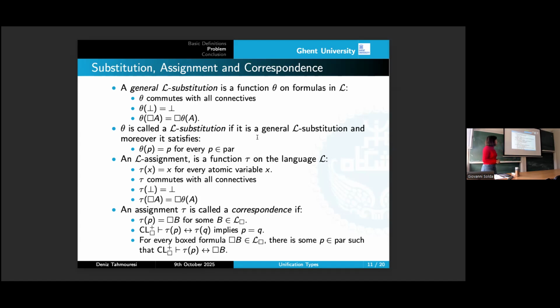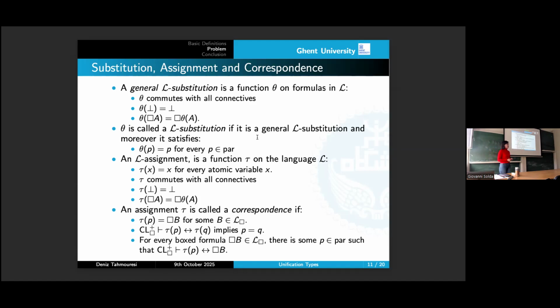At the beginning, I talked about substitutions in general in the unification context, and that is what we here call an L substitution. It is an L substitution if it is general and also doesn't change the parameters, that is, it is the identity on parameters. That's something we most of the time have.